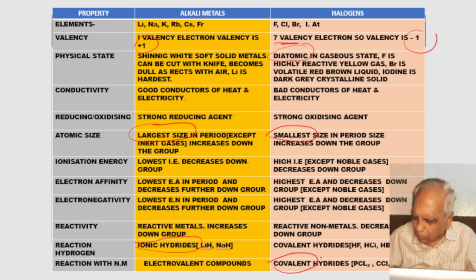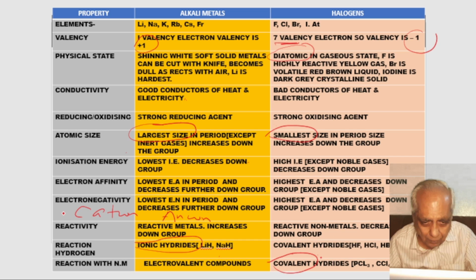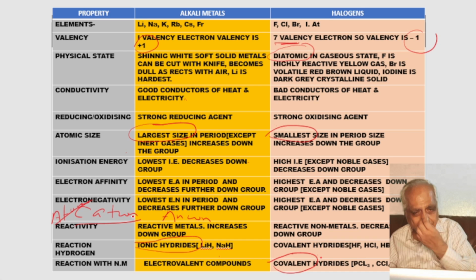Now one more small point. Suppose there is an atom and a cation, an ion. If an atom forms a cation, then whose size would be bigger?